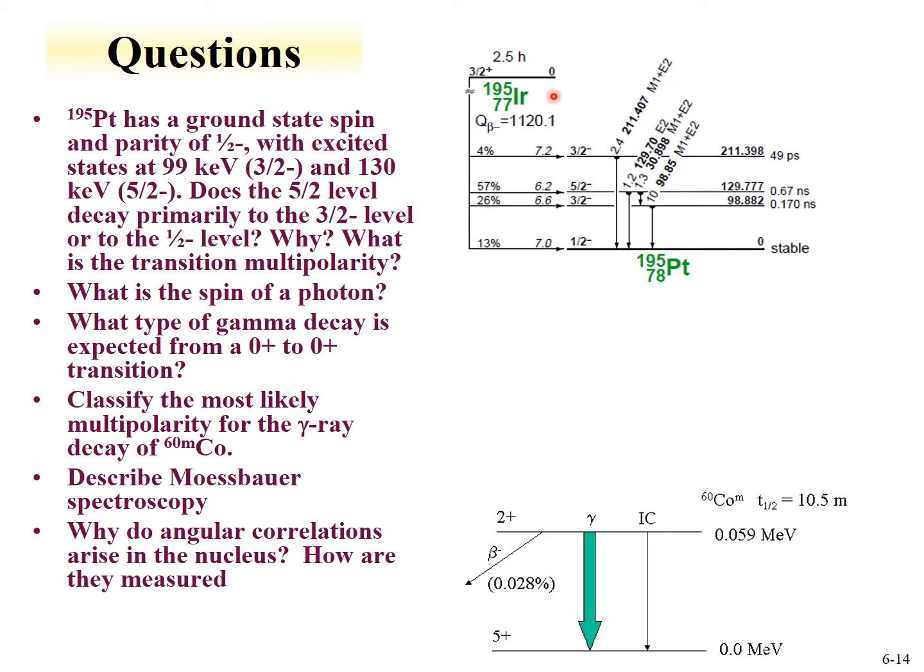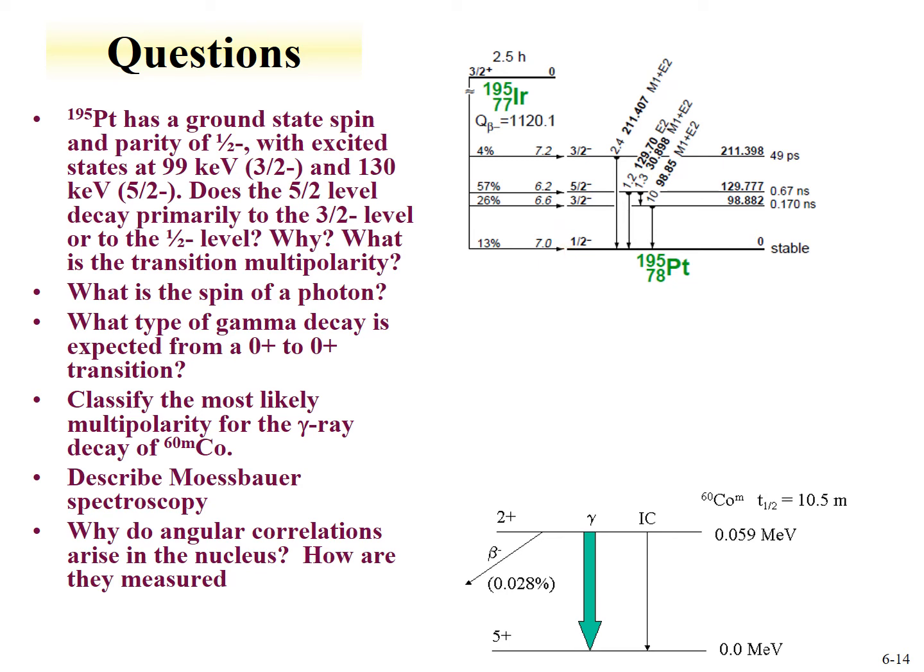If we look at the beta decay of iridium 195, it populates primarily with 57% of the time this 5/2 minus state. The question is, when this 5/2 minus state is populated, which one is depopulated primarily from a transition from this 5/2 minus state to the 3/2 minus state, or the 5/2 minus state to the 1/2 minus state?